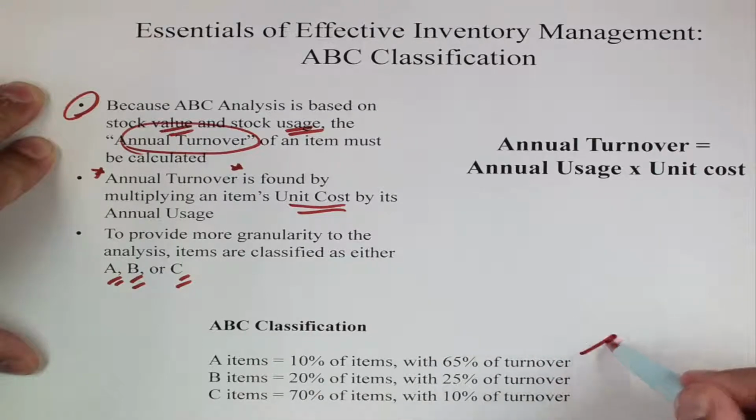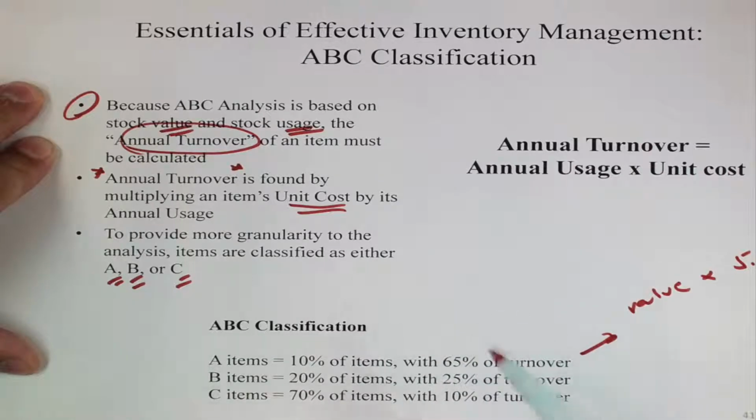And remember what we said turnover meant: value times stock usage. For B items, 20% of our total SKUs are going to represent somewhere around 25% of turnover. And those C items, a fairly large amount, 70%, but only representing 10% of the turnover.